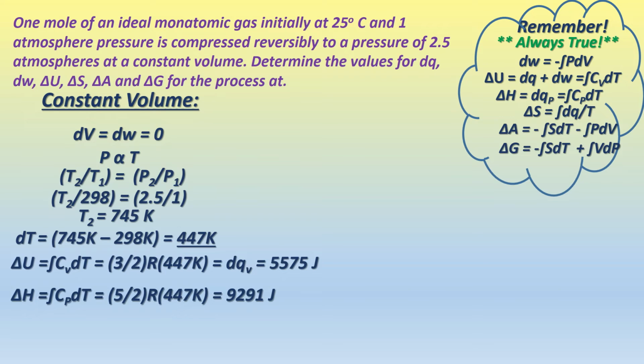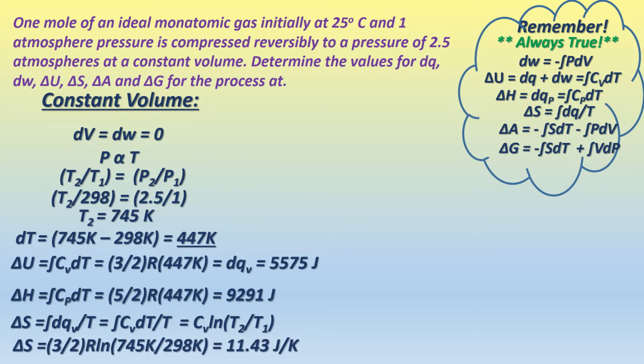The enthalpy would increase by 9,291 joules. The entropy, this time dq over T, I have dq at a constant volume, would be the integral of Cv dT, or Cv log T2 over T1, giving a change in entropy of 11.43 joules per degree Kelvin.